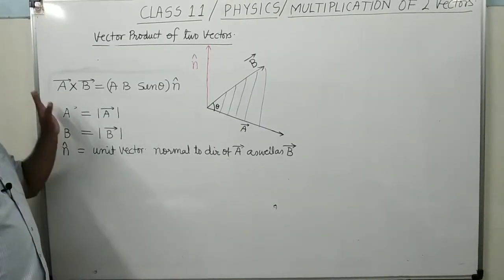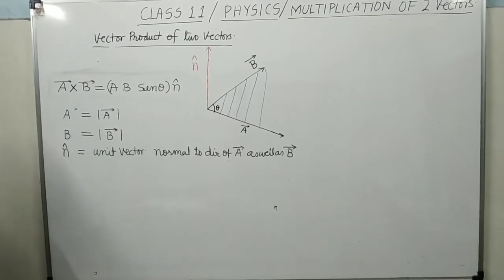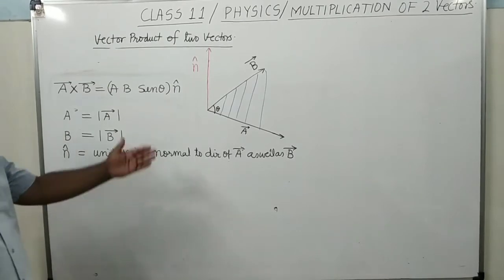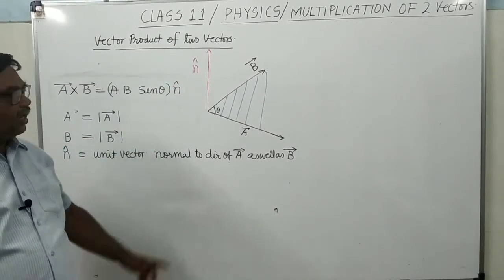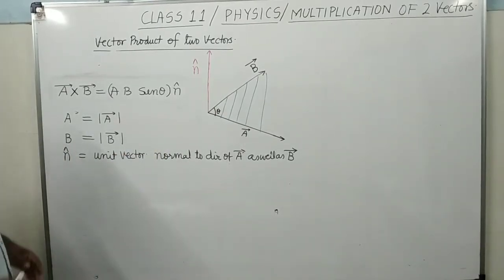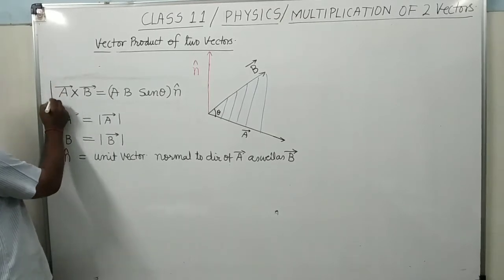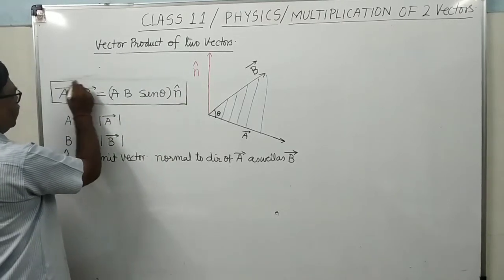So if vector A and vector B are two non-zero vectors acting at an angle theta, and both the vectors are lying on the plane of this white board, and the angle between both the vectors is theta, then vector A cross vector B is given by AB sin theta into unit vector n.